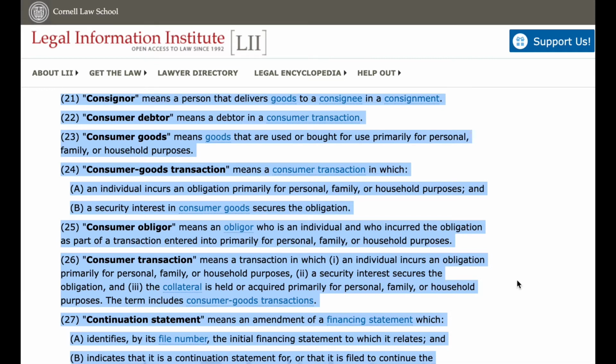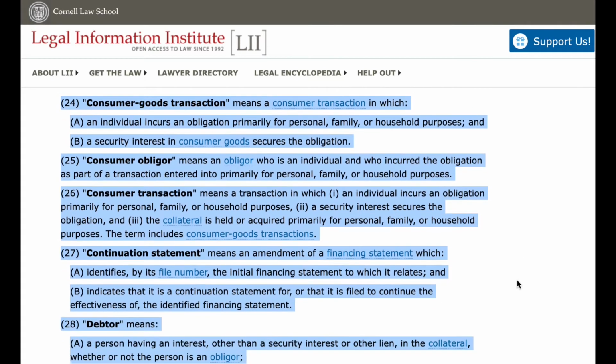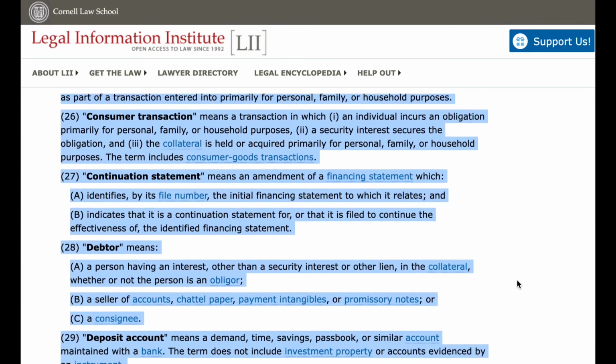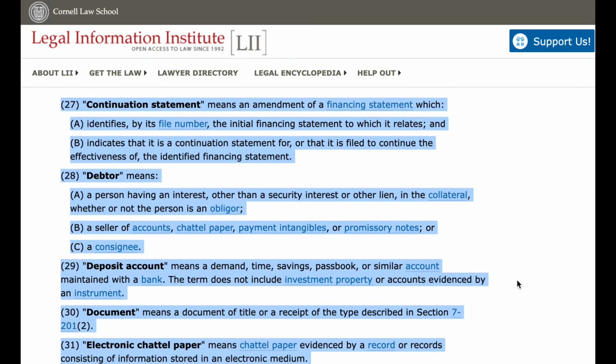27. Continuation statement means an amendment of a financing statement which: a. identifies, by its file number, the initial financing statement to which it relates, and b. indicates that it is a continuation statement for, or that it is filed to continue the effectiveness of, the identified financing statement. 28.